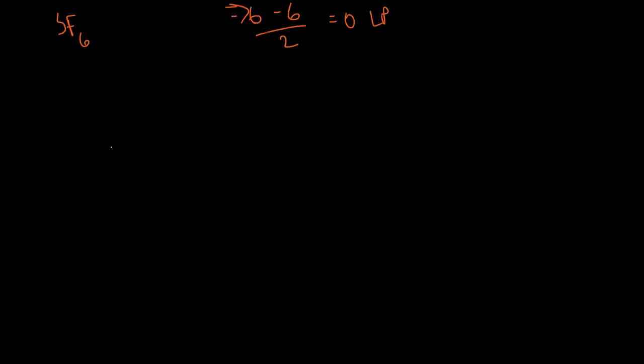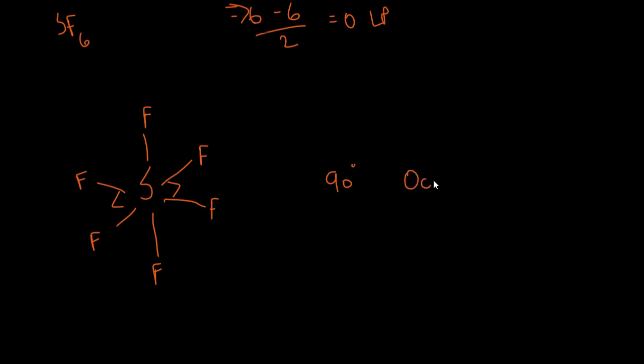So when you have 6 bonds, sulfur is in the middle, and then you would have a fluorine there, a fluorine here, a fluorine here, and that's that. These angles are all 90 degrees, and the other 2 fluorines are going to be at 90 degrees to this flat plane. So the bond angles are 90 degrees, and the shape is octahedral.